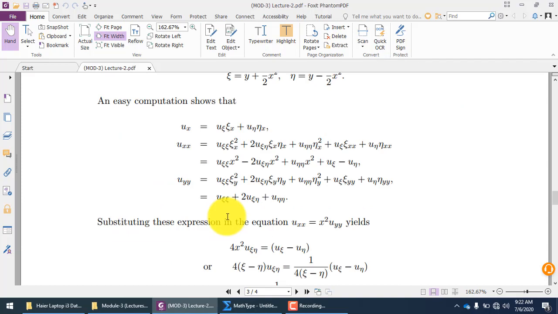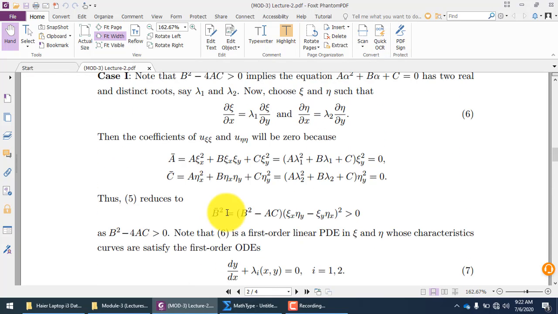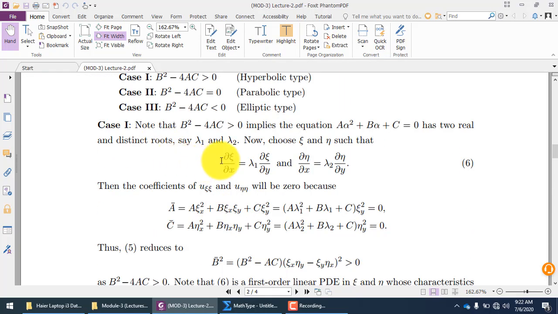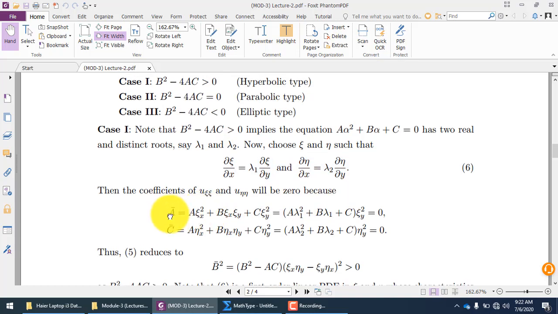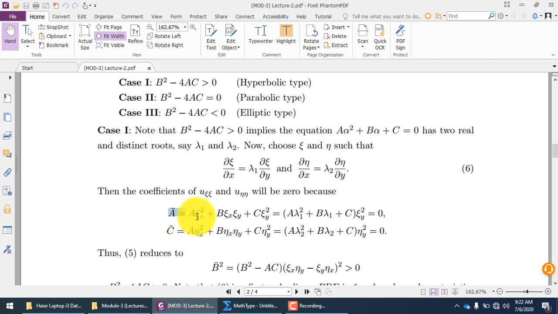Now what I was trying to explain is how we selected equation 6. This was equation 6, and how that came into being: you have A bar equal to this, and this is actually 0 because we have selected 0.